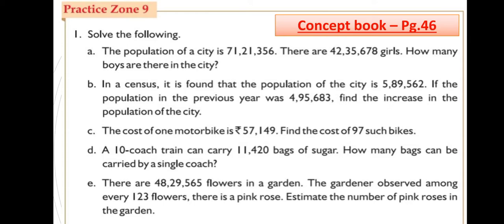So in a garden there are 48,29,565 flowers. So for each 123 flowers there is a pink rose. So you have to find the total number of pink rose. So divide the number by 123 and find out the number of pink roses. So this is your practice zone 9. Complete the 5 subdivisions.